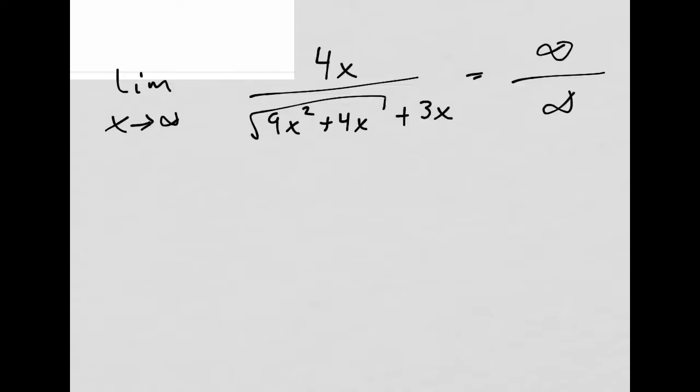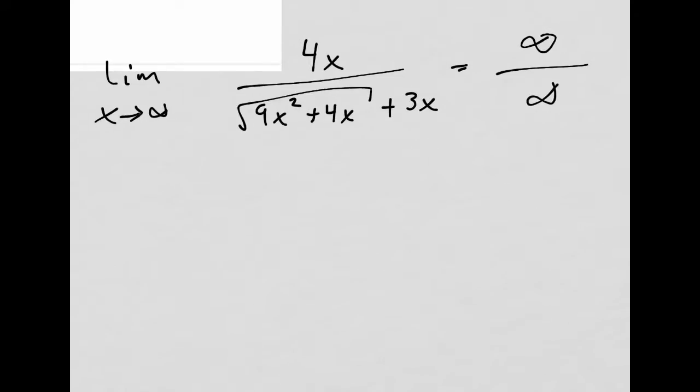When it comes outside of the square root, it will actually be an x, because the square root of x squared is just x. So really, what we're doing is factoring out an x from the top and an x from the bottom.